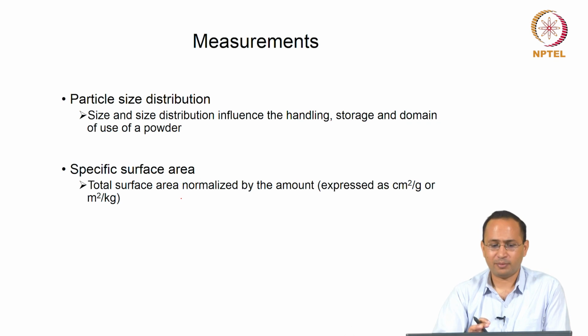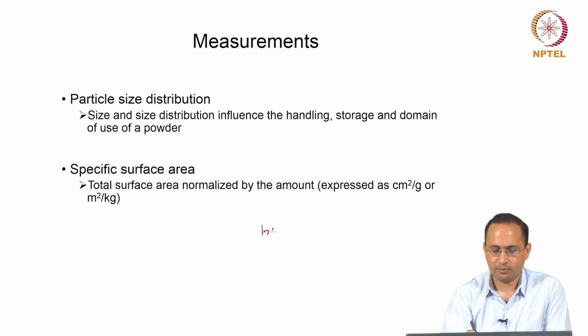Surface area is nothing but total surface area, right. We are talking about the total surface area of powder. Specific surface area is the normalized surface area, usually normalized by the amount. Like if you have two different amounts of powder, in one case 10 gram of powder, in other case 20 gram of powder.